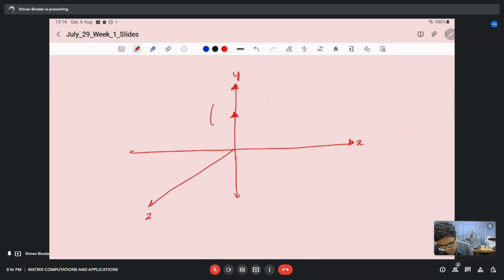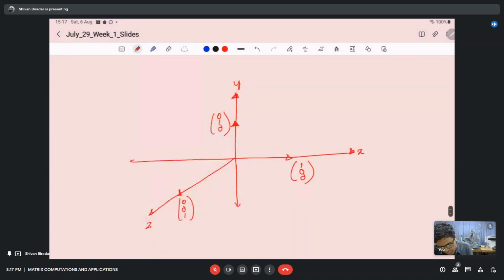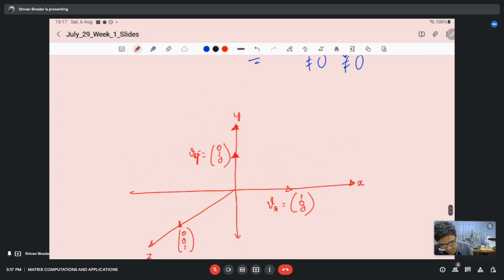This is my 0, 1, 0, and this is another vector 1, 0, 0, and this is the third vector 0, 0, 1. So let us consider only these two vectors. Let us say that this is Vx, and this is Vy. So I'll take the span of these two vectors Vx and Vy.